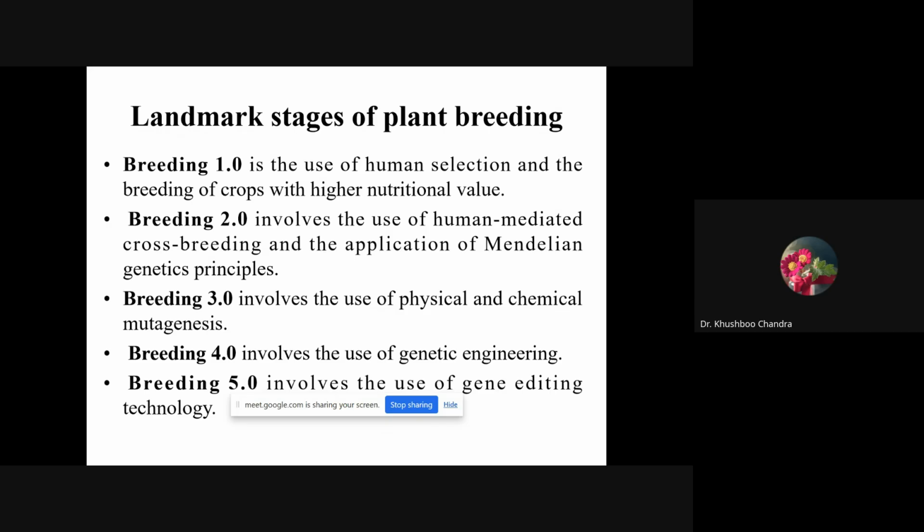Breeding 1.0 involves simple selection by farmers. Whatever nature selects, the survival of the fittest, that is carried forward to the next generation as the advanced material, right? That is the earliest process. In breeding 2.0, we have introduced Mendelian genetics.